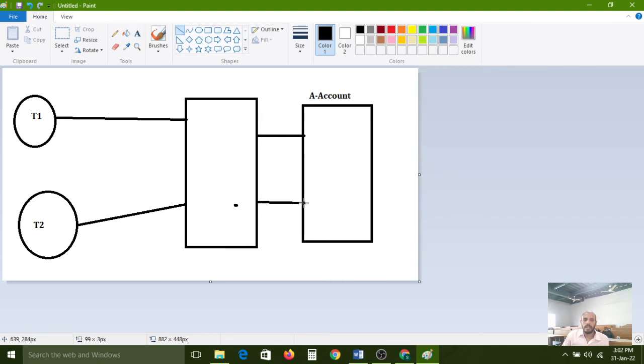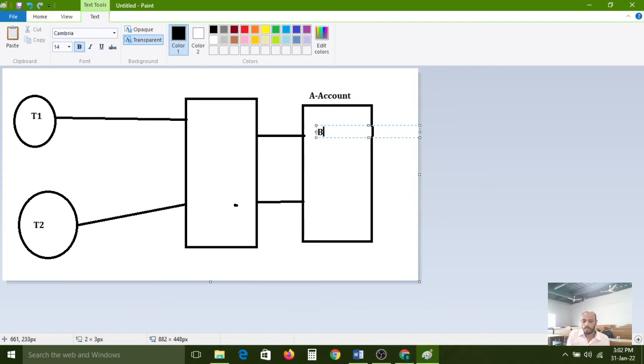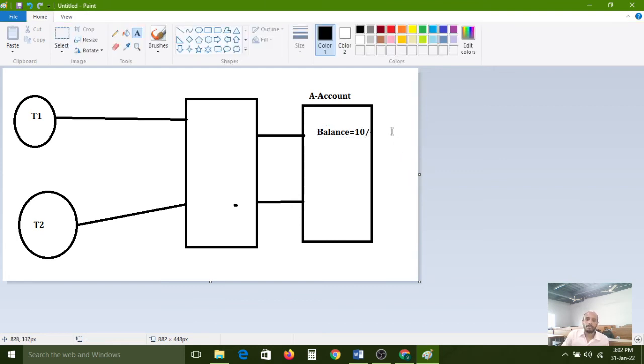The A account starting value is what? The starting value is 10 rupees.